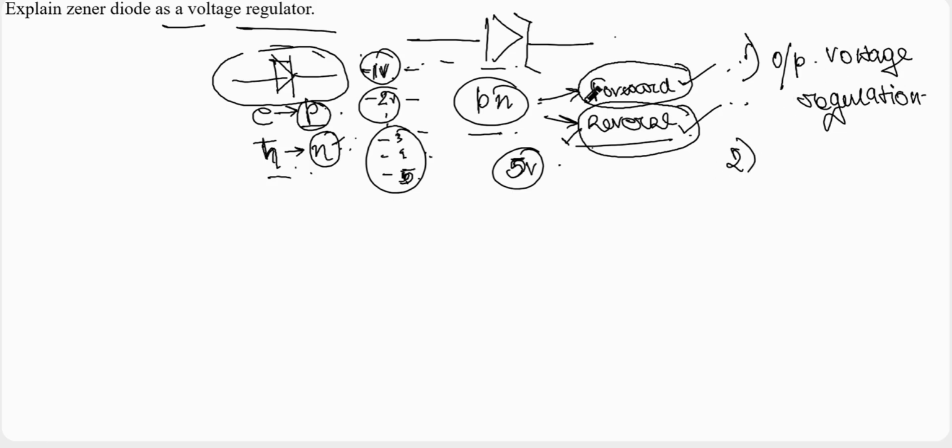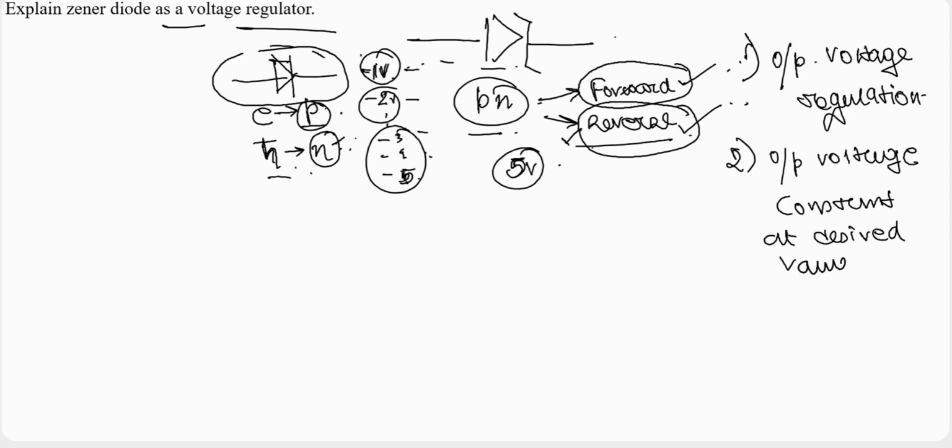And the second job is to keep the output voltage constant at the desired value, even when the input voltage is varying. Suppose minus 4 volt is our desired output voltage.